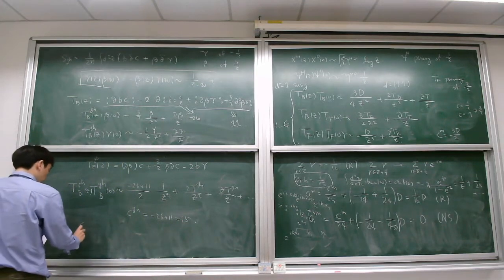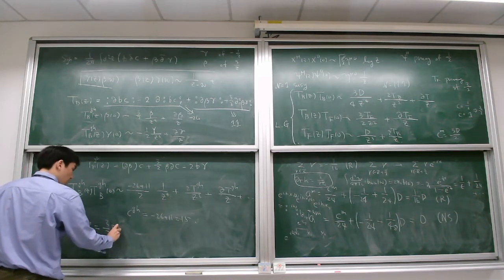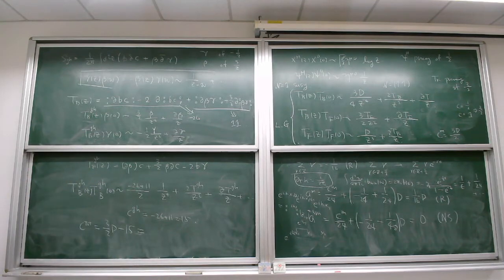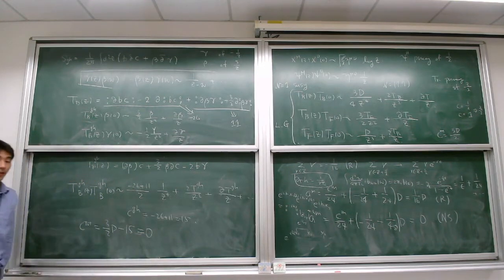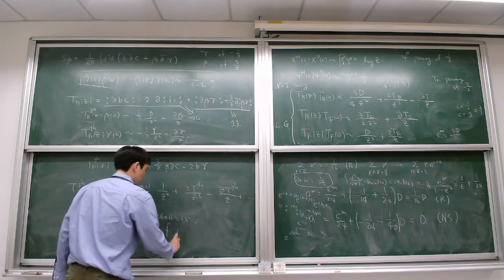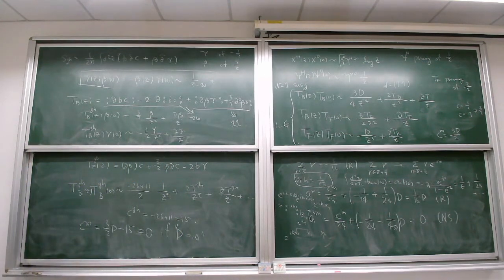Therefore the total central charge is 3/2 D minus 15. And this becomes 0, anomaly free, when D is equal to 10. Okay, so now you have a critical dimension.